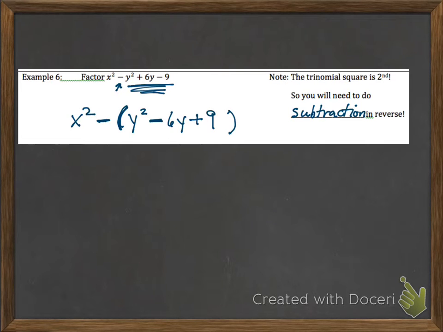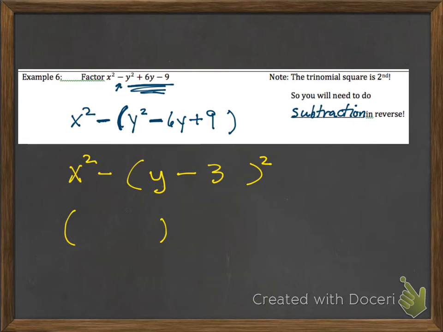Now that does give me a perfect square trinomial, two factors. So now I have x squared minus, and y squared minus 6y plus 9 is a perfect square trinomial. That is going to be y minus 3 squared, since the square root of 9 is 3. And then again, I have a difference of squares.